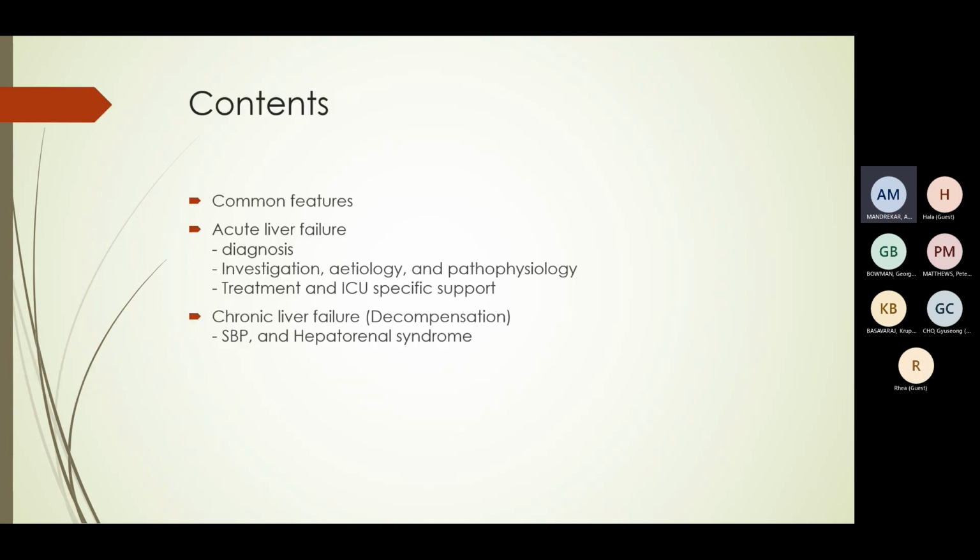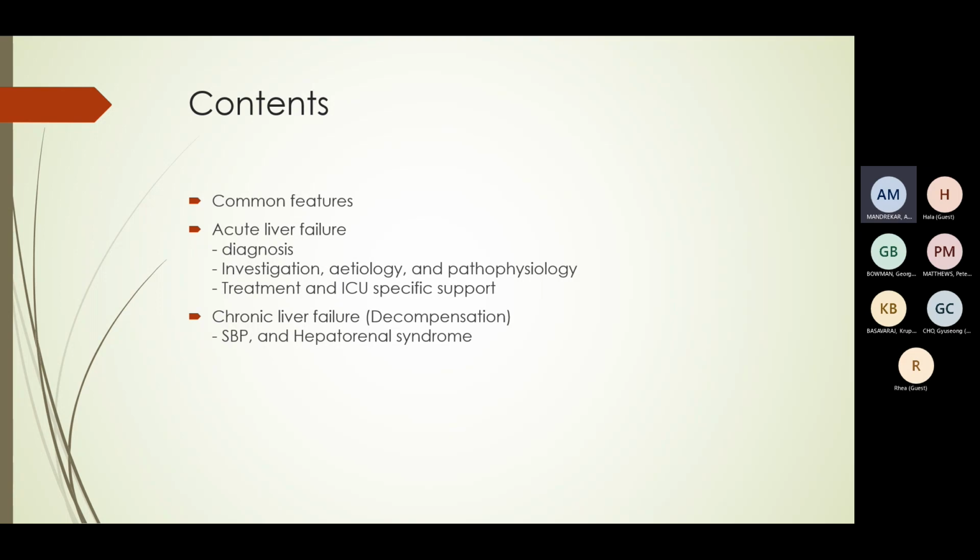So today we'll be talking a little bit about acute liver failure and a little bit about chronic liver failure, though in chronic liver failure, focusing more on spontaneous bacterial peritonitis and hepatorenal syndrome, because I think everyone gets quite a lot of teaching on chronic liver failure.